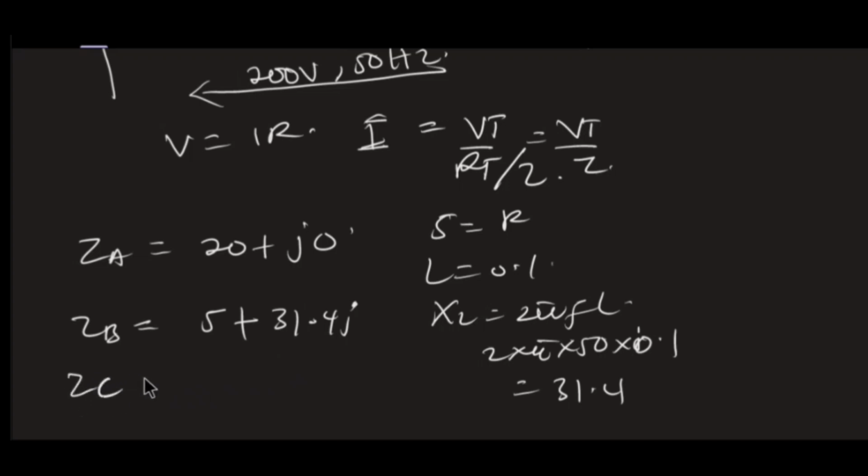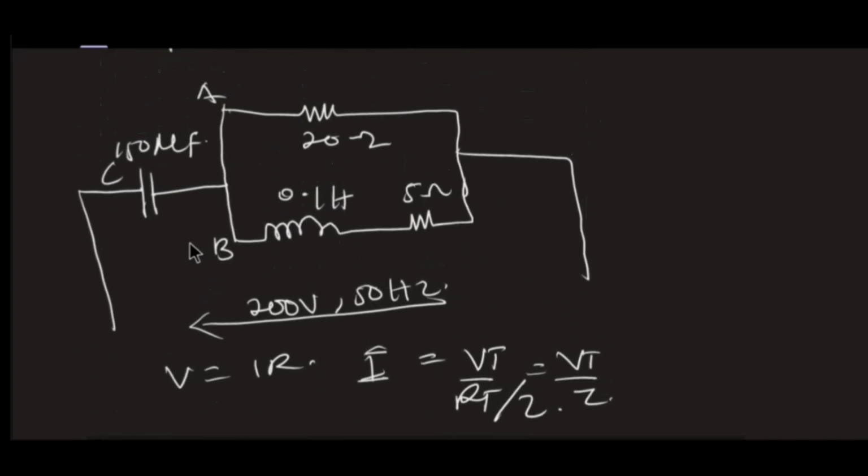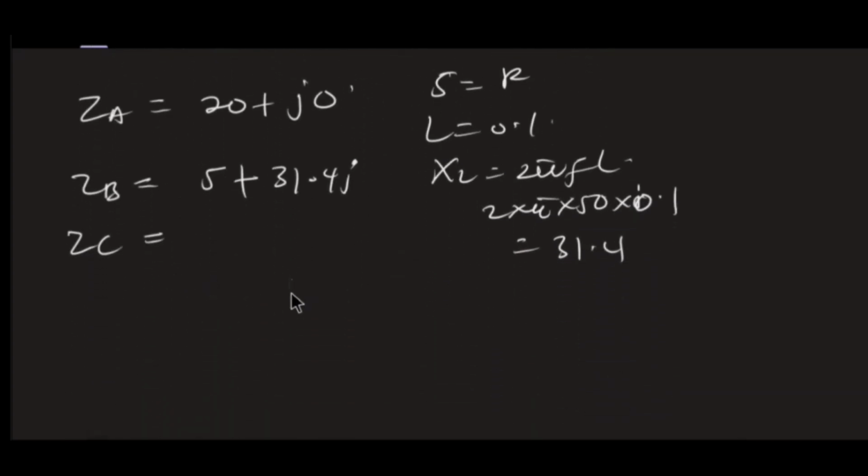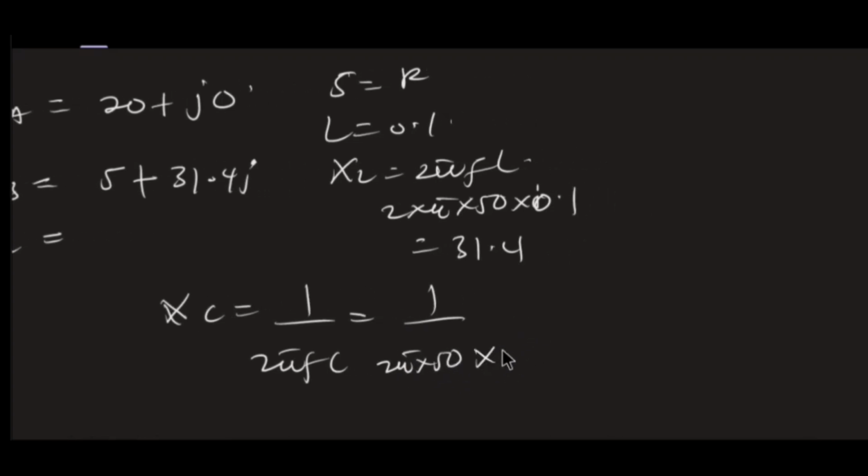And let me find my ZC. For my impedance across this branch C, I only have a capacitor here, so I need the capacitive reactance. My capacitive reactance XC equals 1 over 2 pi FC, right? So I have 1 over 2 pi times 50 times C, and my C is 150 micro, so 150 times 10 to the power minus 6.